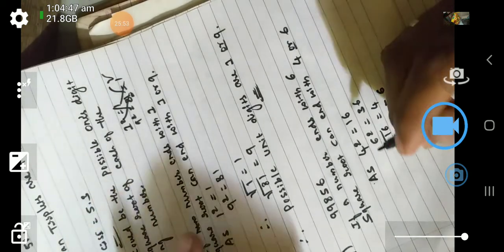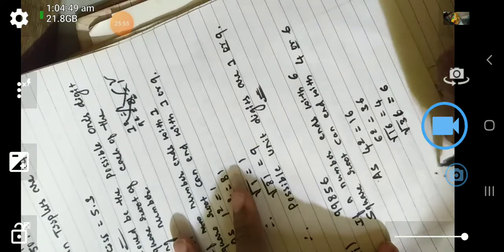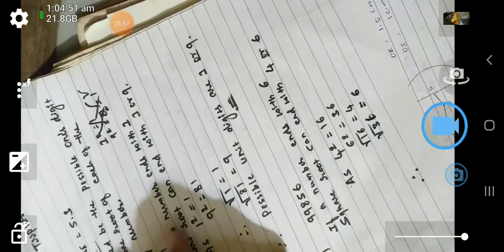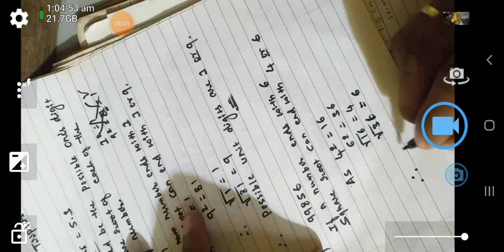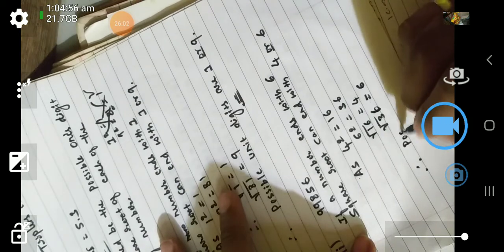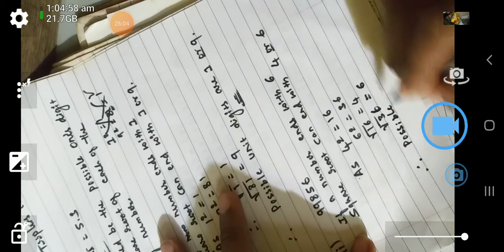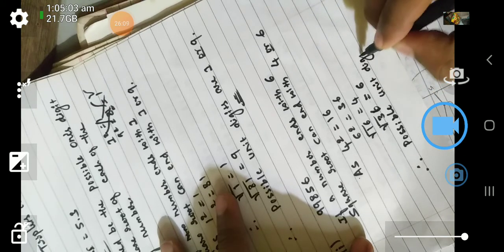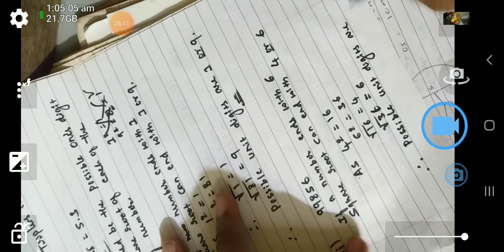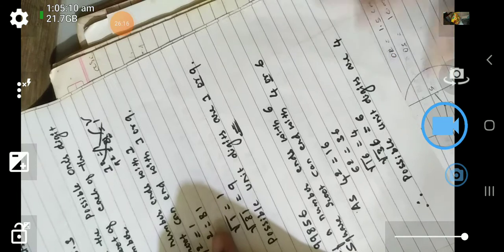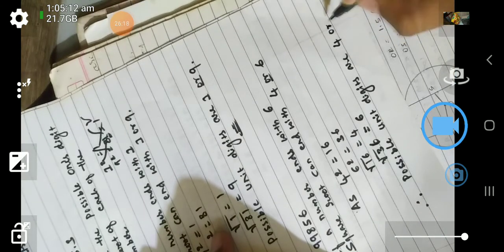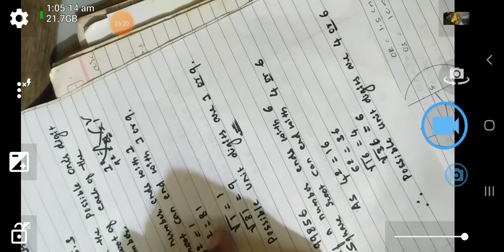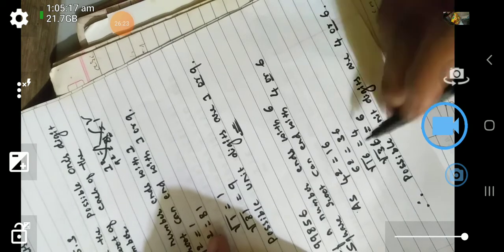Therefore, the possible unit digits are 4 or 6. I hope you understand it.